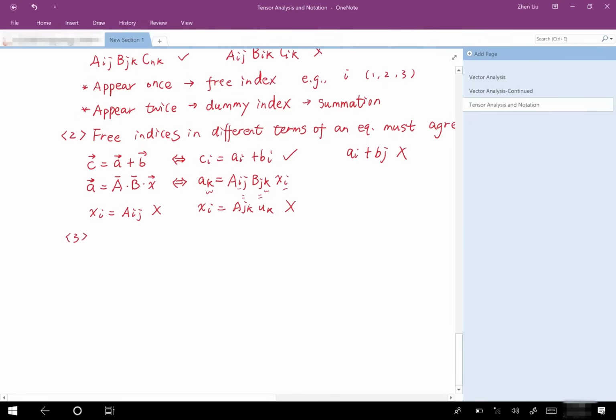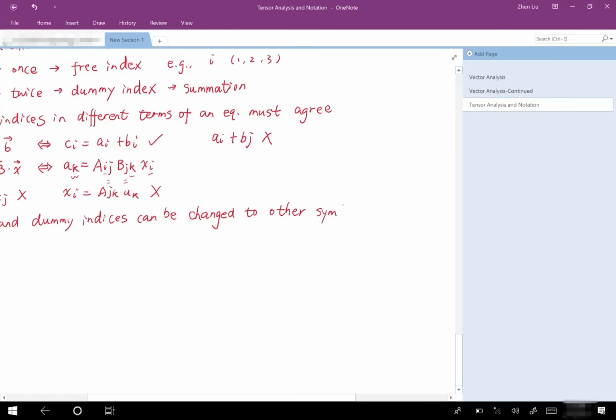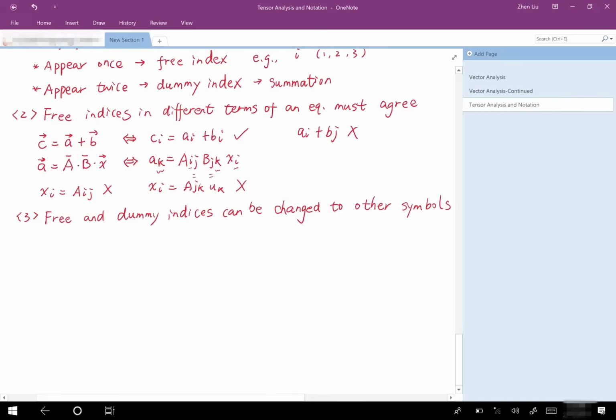Third rule. Free and dummy indices can be changed to other symbols without altering the meaning of an expression. But we want to make sure of one thing.